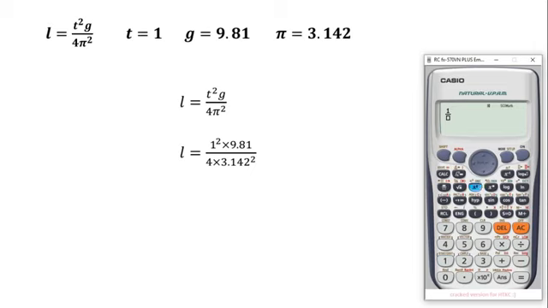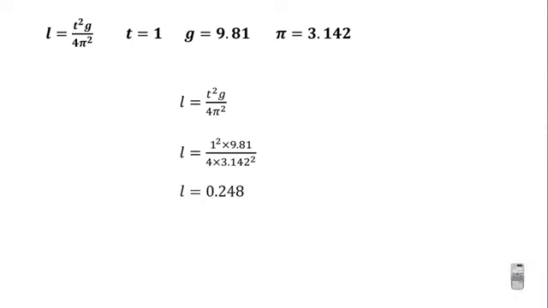So 1 squared times 9.81 divided by 4 times 3.142 squared. You press enter and your calculator rounds it to 3 significant figures for you. So it's 2.48 times 10 to the power minus 1, which is the same as 0.248. So we have been able to use our calculator to round it to 3 significant figures.